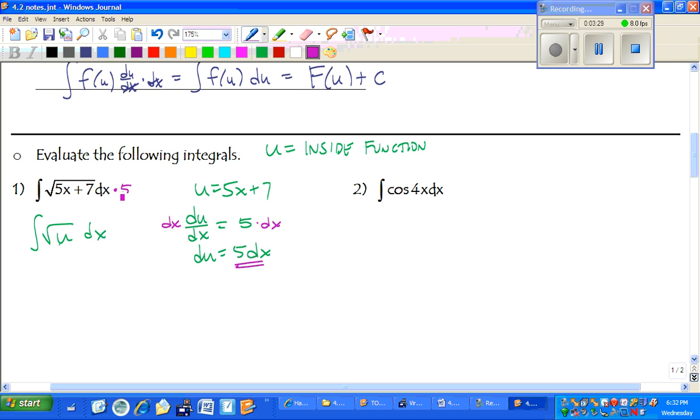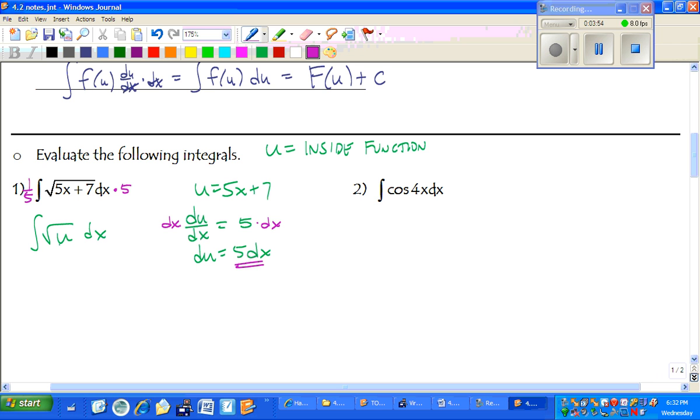So to balance out multiplying by 5, what we're going to do on the outside of the integral is multiply by the reciprocal. Multiplying by 5 and 1/5 is just the same as multiplying by 1, so it's not really changing what this whole integral is equal to. It's just giving it a facelift. It's changing what it looks like.